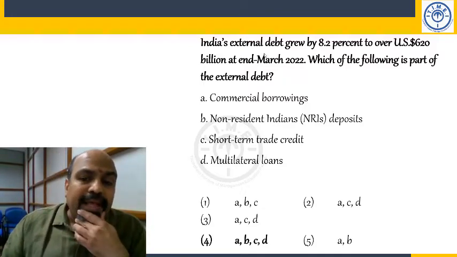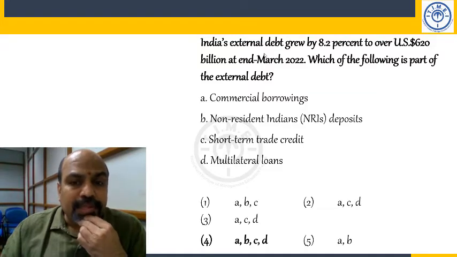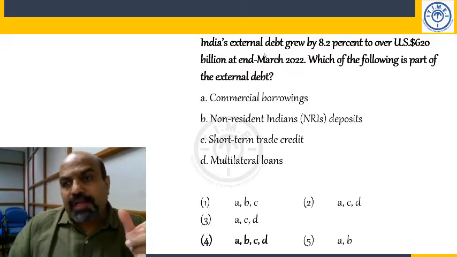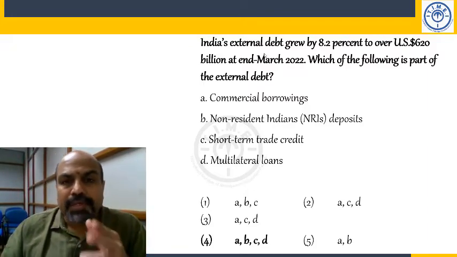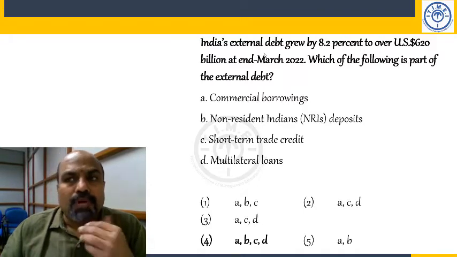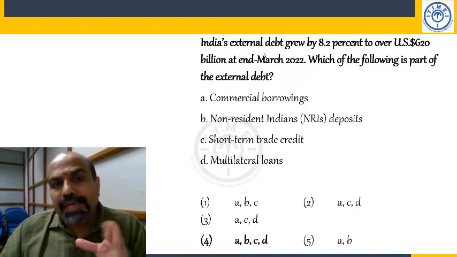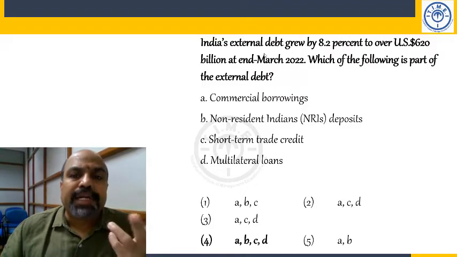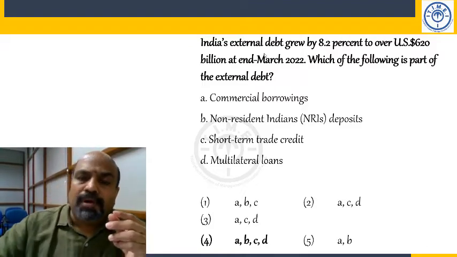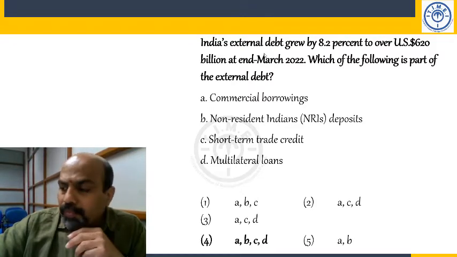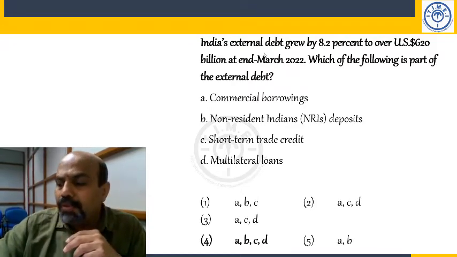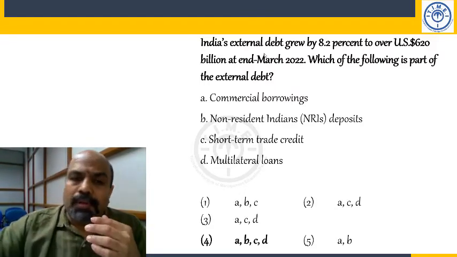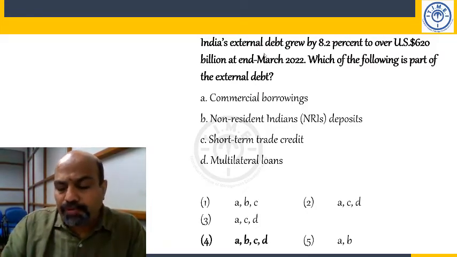External commercial borrowings. You look at the choice here, commercial borrowings mentioned, you add before that external commercial borrowings: funds borrowed by Indian companies from outside India, $250 billion.